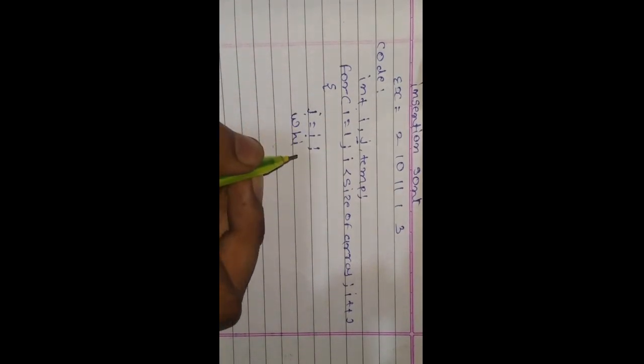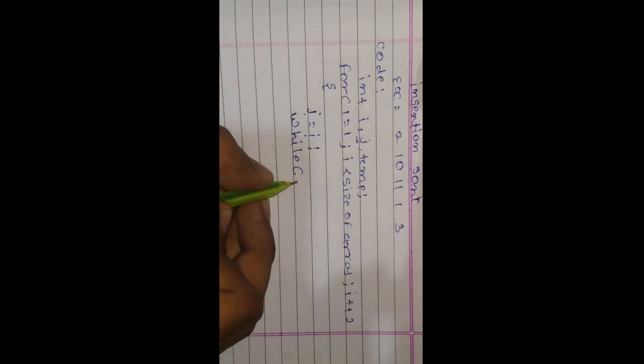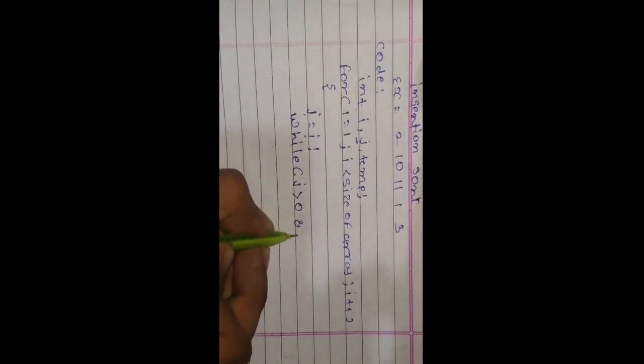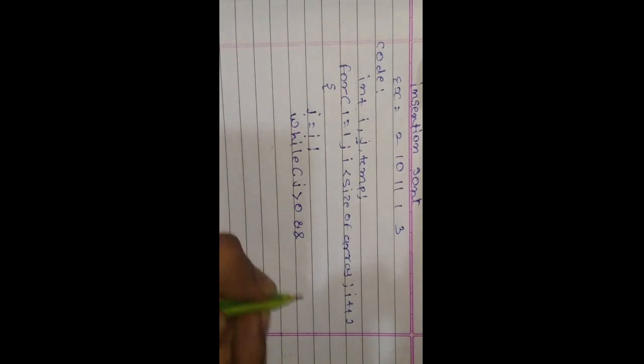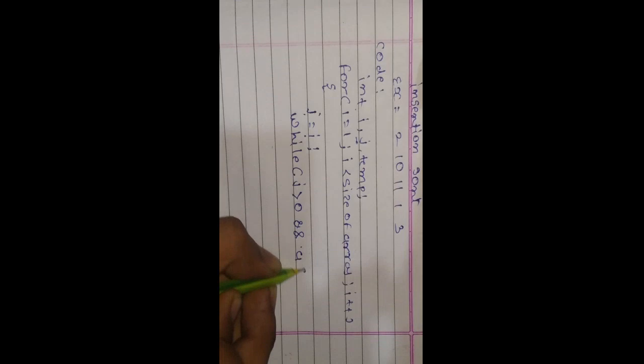Here we first see the code, and after the code I explain how it is working and then we trace the code. In the while loop, there is a condition j greater than 0 and here is an array. Okay, any array we use.